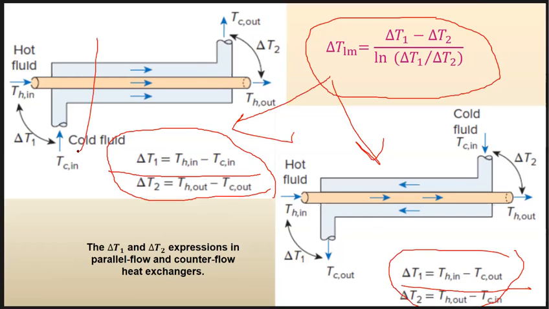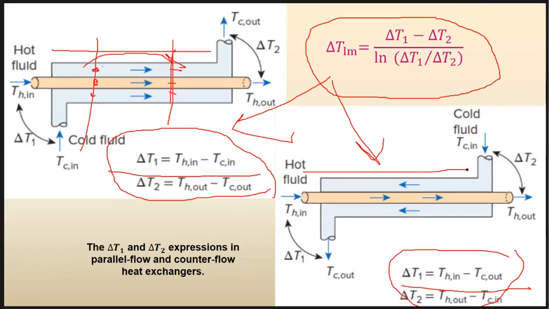Look at this section, for example. The temperature here of the hot side and cold side have some difference. Here, at this section, the temperature difference between the hot side and cold side is another value, and these two are not the same. So the temperature difference across the unit changes.